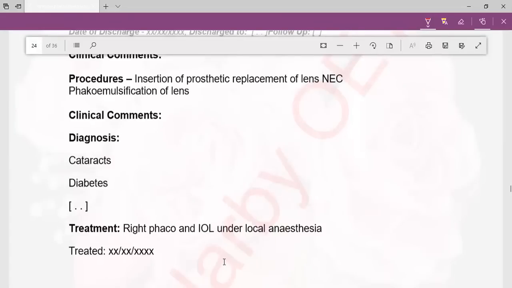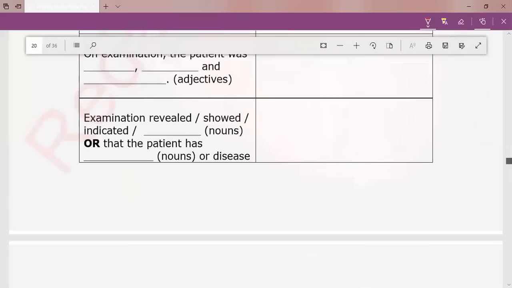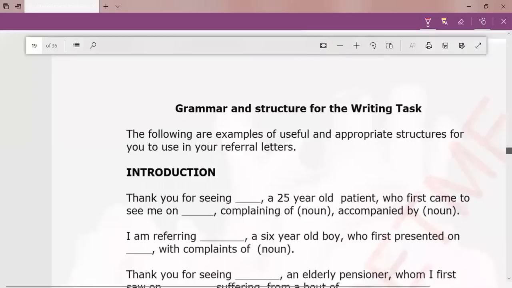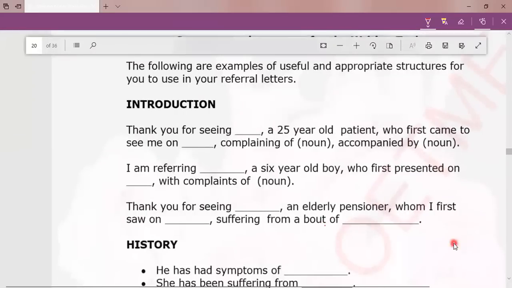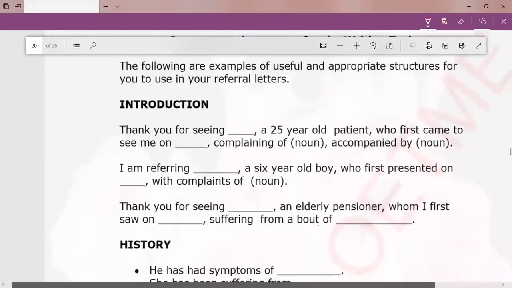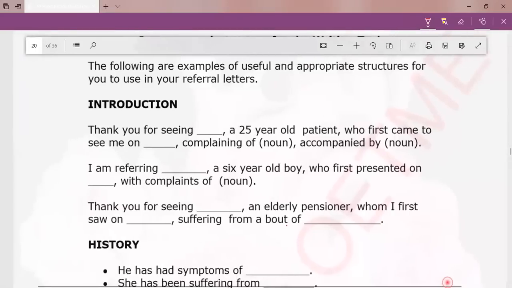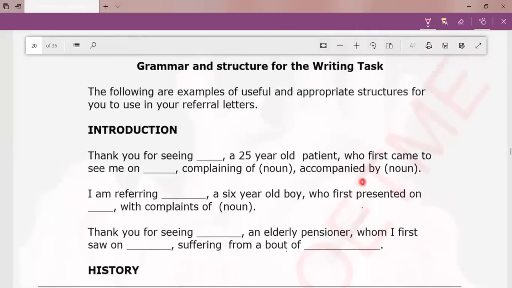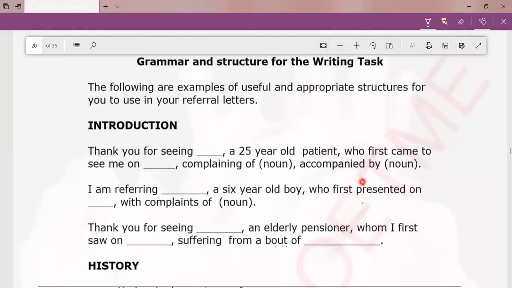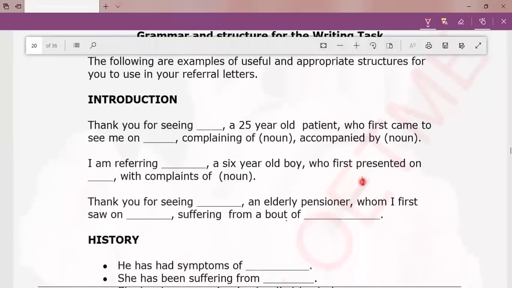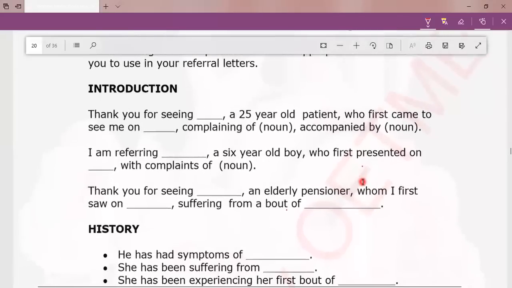Okay, I will now go for the discharge letter. But before I go, before you forget, I will take you now to this. Try keeping your information and your template in your mind so that you will never lose it.